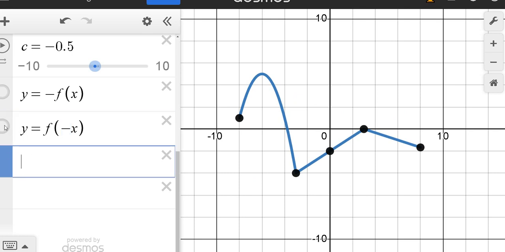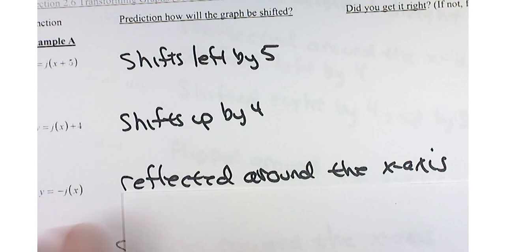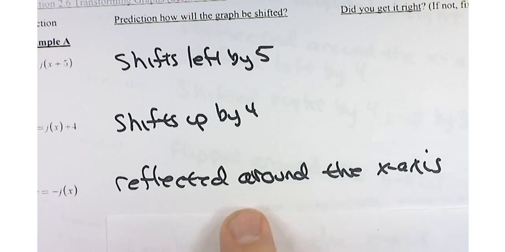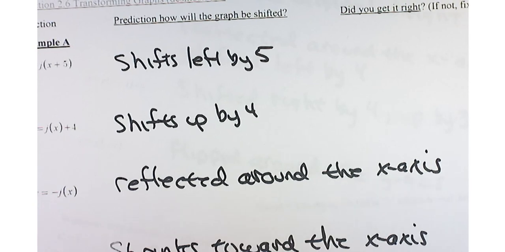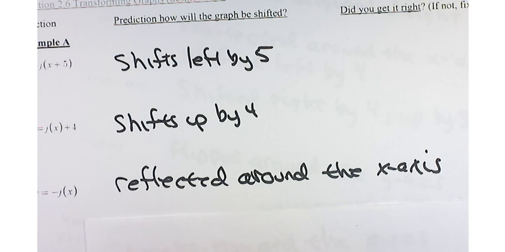Reflected around the y-axis. So it's just a mirror image around the y-axis. So the correct answer for that next one down there, like I said, is reflected around the y-axis.